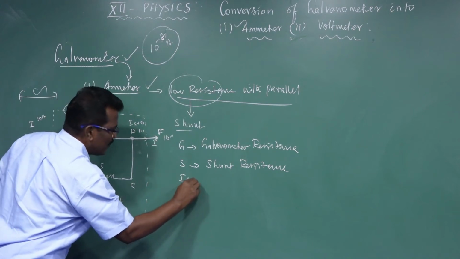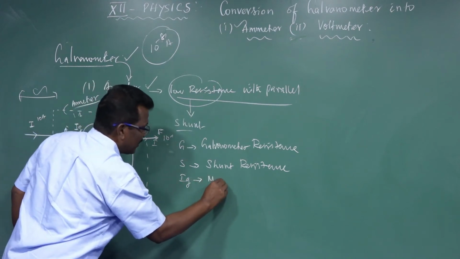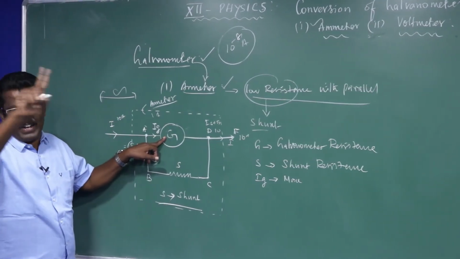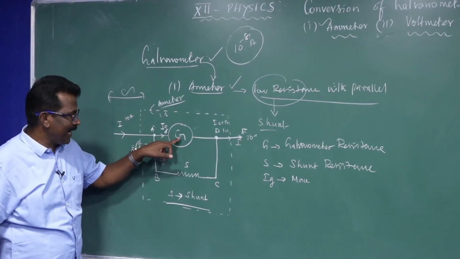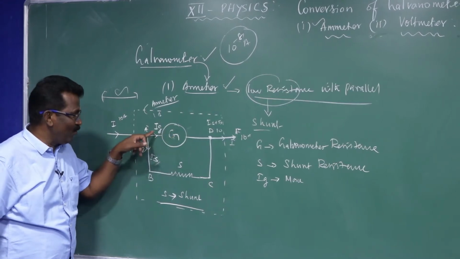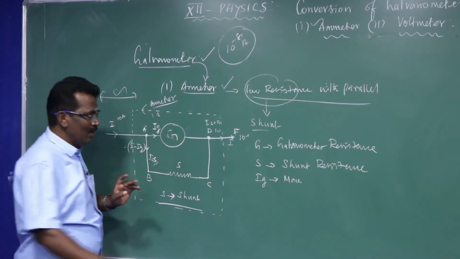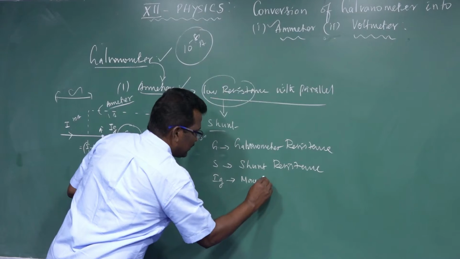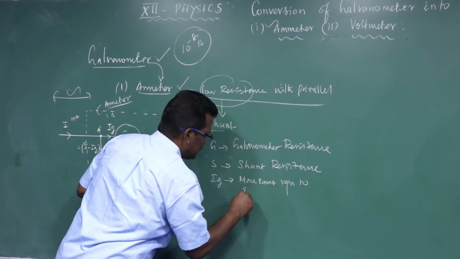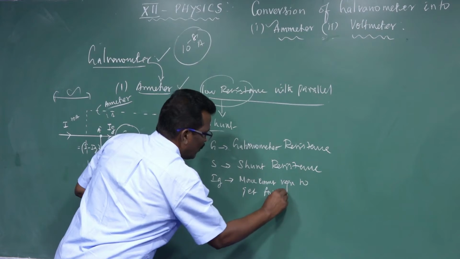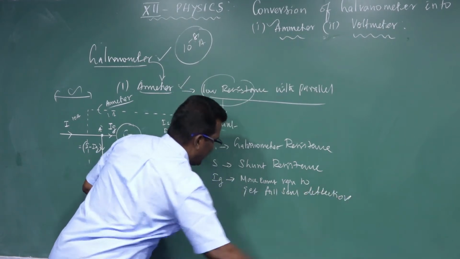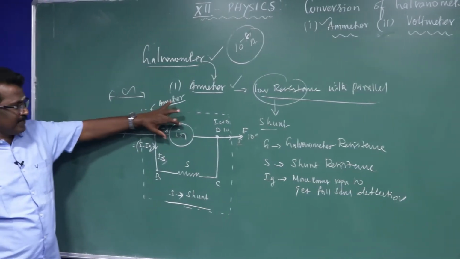Ig is the maximum current flowing through the galvanometer to get maximum deflection. That is, the galvanometer requires maximum current to get full scale deflection. Full scale deflection, how much current flows through the galvanometer? Ig. So Ig is the maximum current required to get full scale deflection.